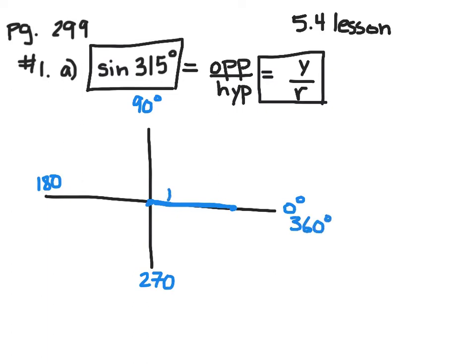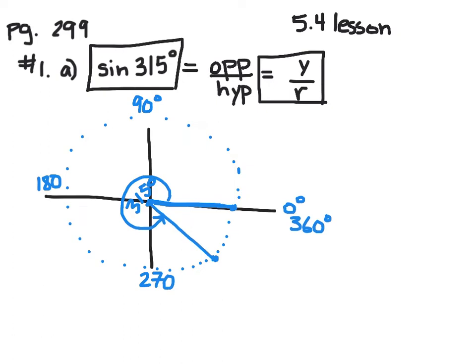So if I open up to 315, it's going to be somewhere in this quadrant here. Remember, this terminal arm goes around in a circle, and to open up to 315 means it's bigger than 270 but less than 360. So this is 315 degrees there.